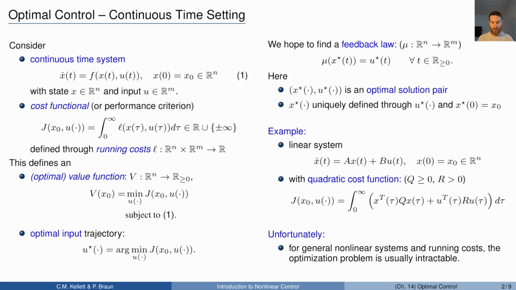As an example, what we can look at here is a linear system. So x dot is equal to Ax plus Bu.